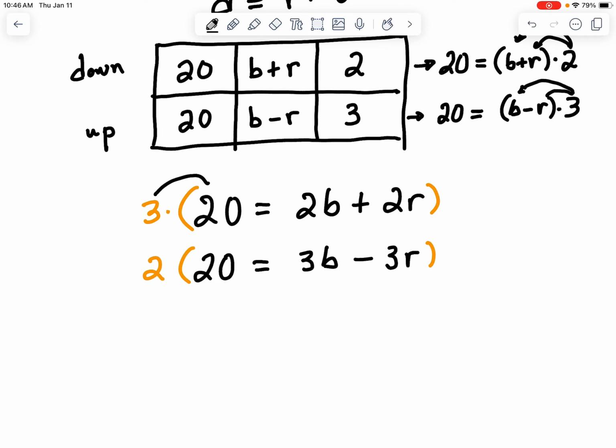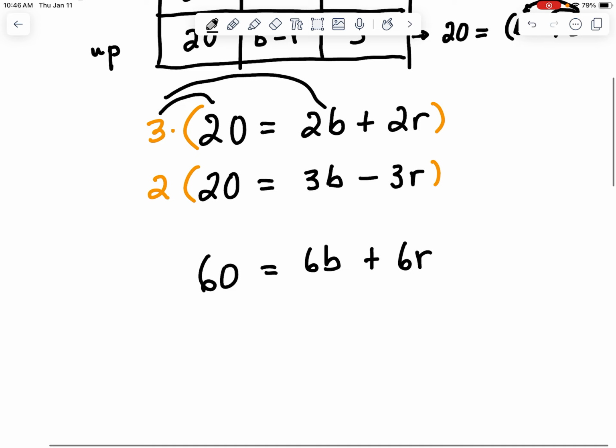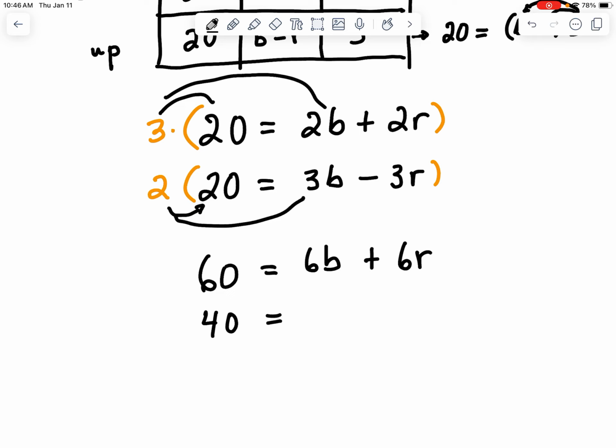So this will be 60. Distributing, this is going to be 6b plus 6r. And for the bottom equation, distribute the 2, so that's going to be 40 equals 6b, and then minus 6r.